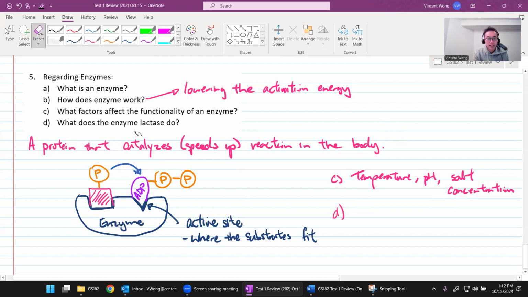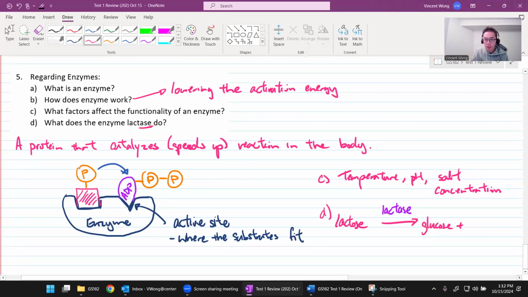Okay, lastly, what does the enzyme lactase do? Lactase, if it ends with ASE, 9 out of 10 times it's an enzyme. So this is lactose. And then we put the enzyme on top of the reaction arrow, something that you probably already learned in chemistry. And the lactose is going to be broken down into glucose plus galactose.